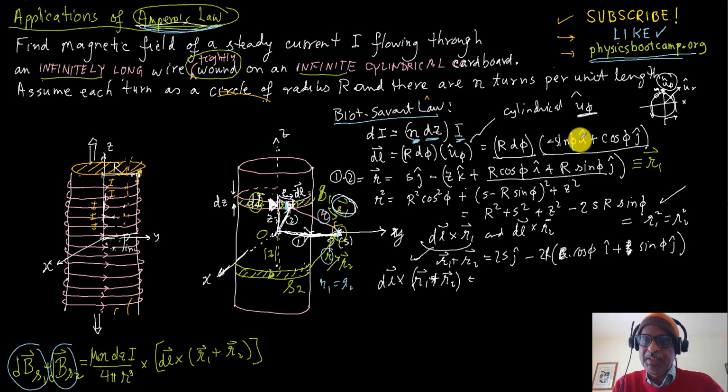It's because this is I hat and j hat only, and this is I hat and j hat only. So we are going to get I hat going with the j hats. So I'm going to add a k hat direction, and you can see there's an r factor, and then there is a 2 times r factor.